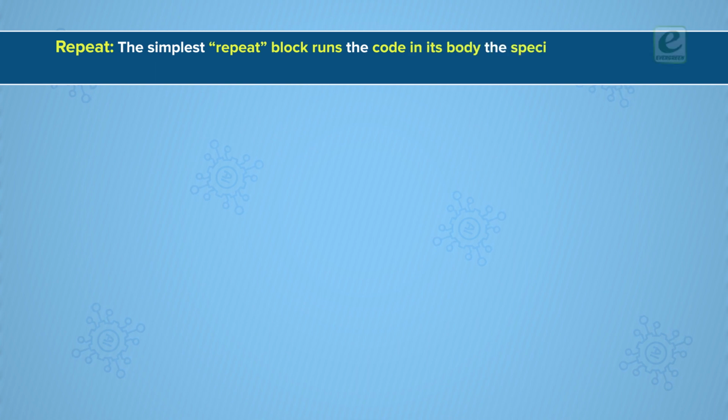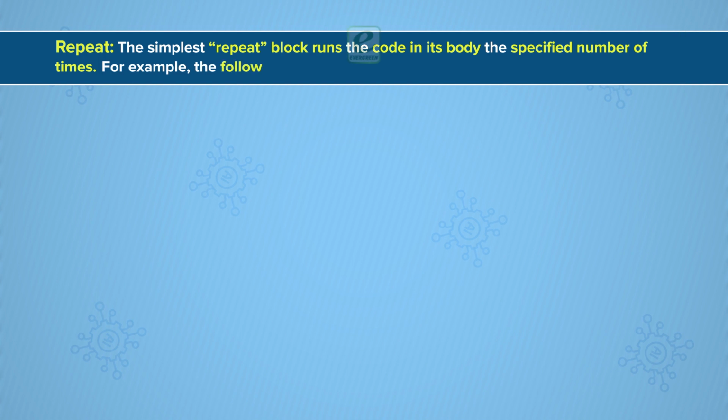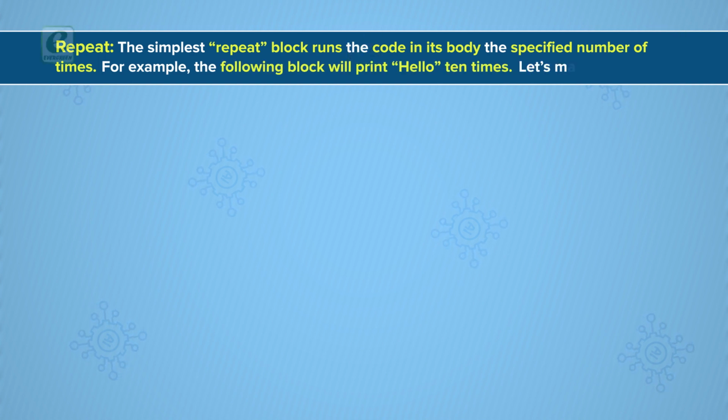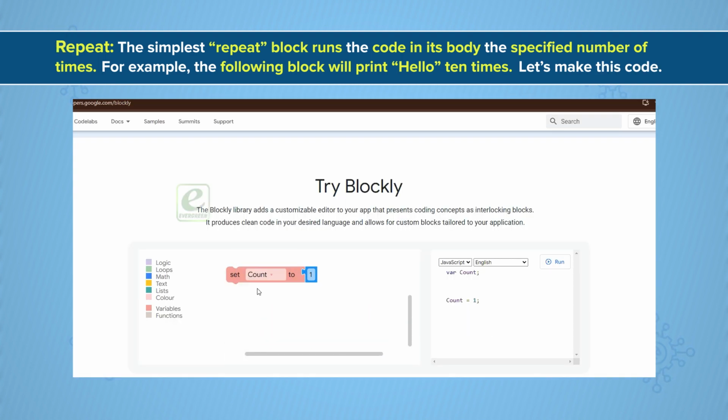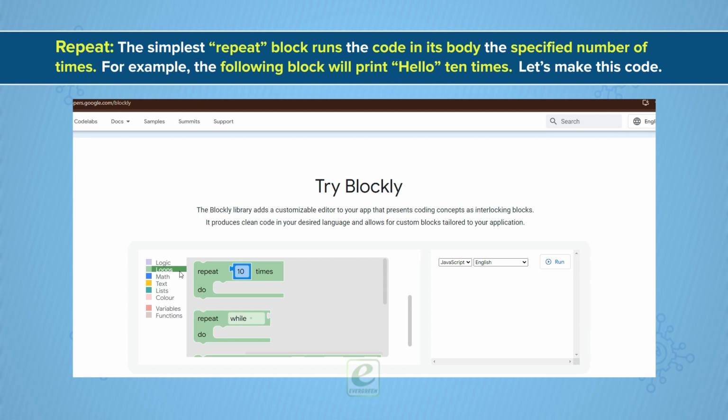Repeat. The simplest repeat block runs the code in its body the specified number of times. For example, the following block will print hello 10 times. Let's make this code. First, clear your working area. Drag and drop the repeat 10 times block from the Loops option.